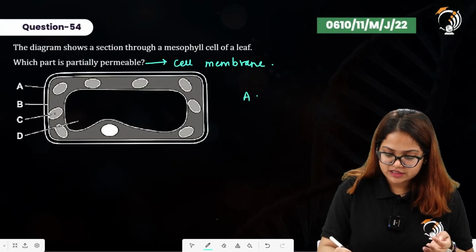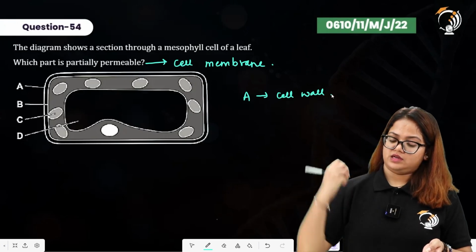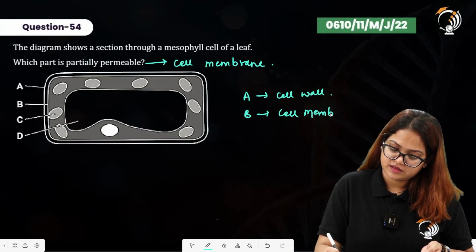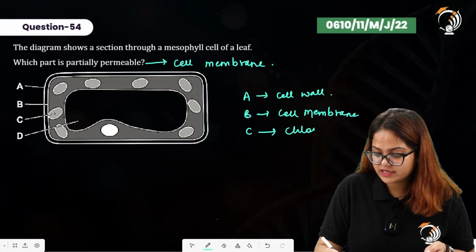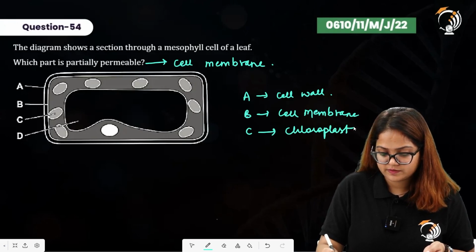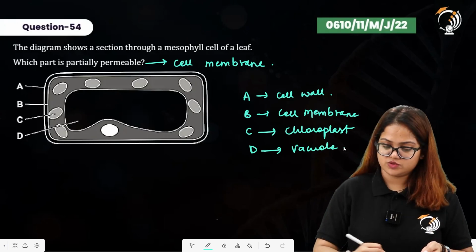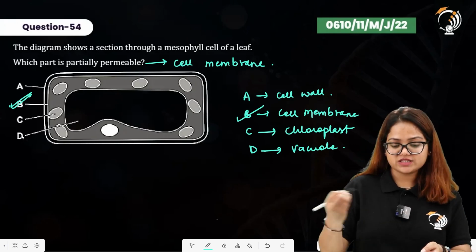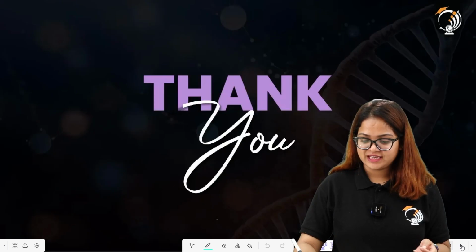A represents cell wall, B represents cell membrane, C represents chloroplast, D represents vacuole. So option B, representing the cell membrane that shows the nature of being partially permeable, is the right answer here.